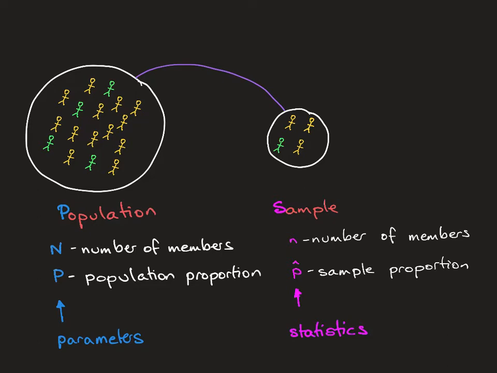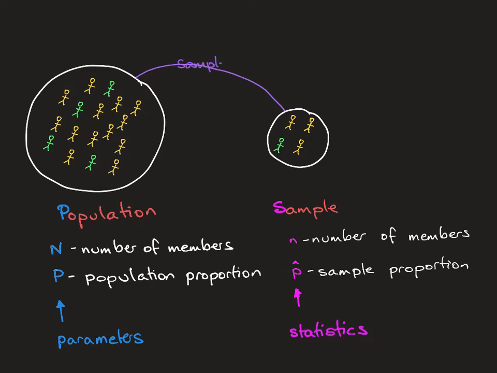And the process of statistical inference goes like this. We start with a population, and from that population we take a sample.